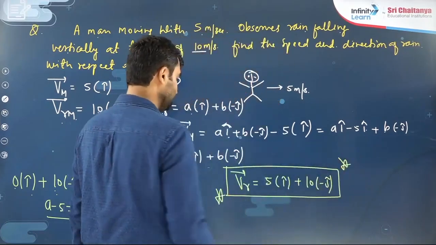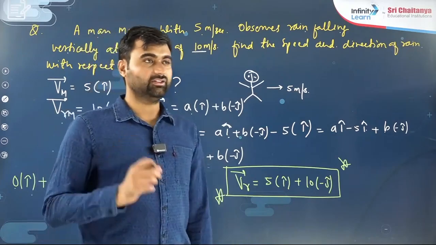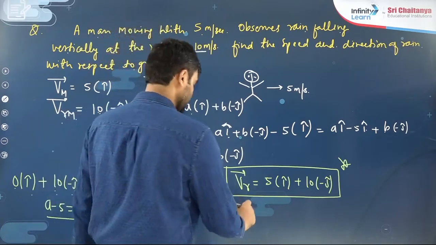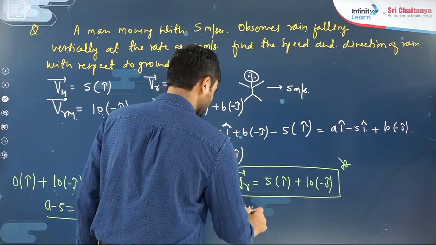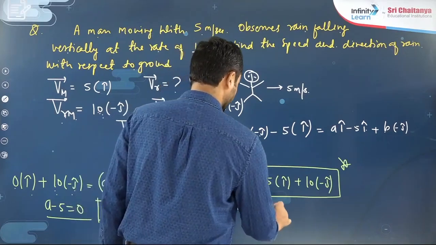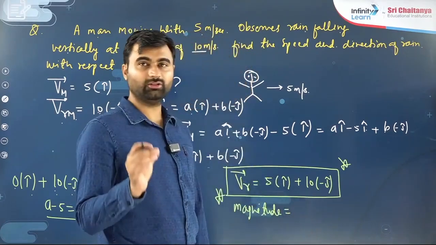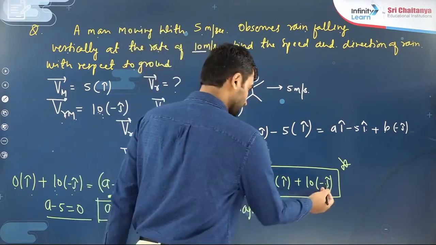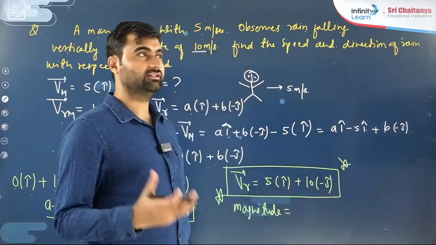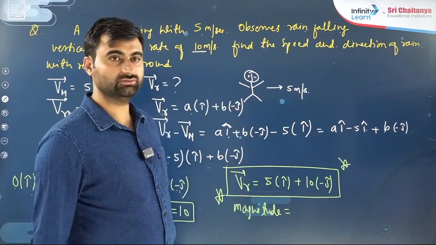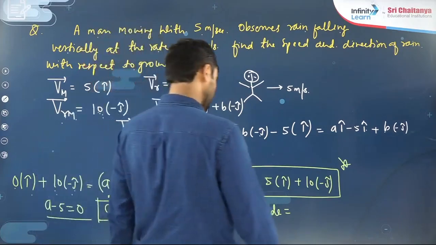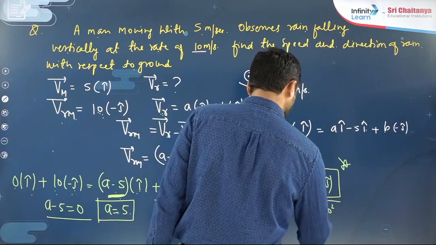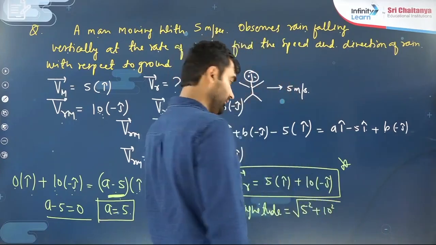But sometimes they ask its magnitude, final speed they ask. So final speed is how much? So magnitude is how much? How to calculate magnitude? i cap coefficient square plus j cap coefficient square, under root, that is the magnitude. Right? Okay. So this is 5 square plus 10 square. So how much is it?